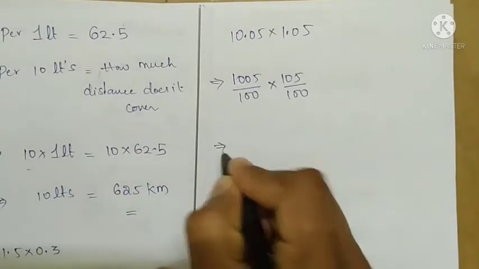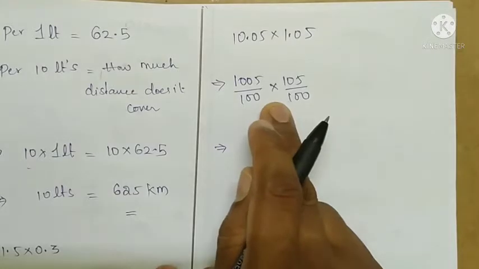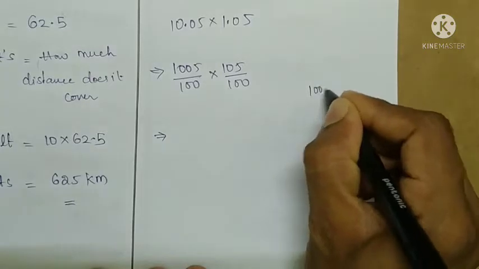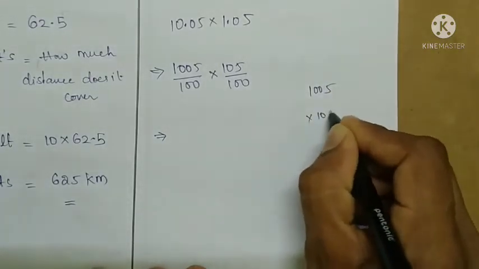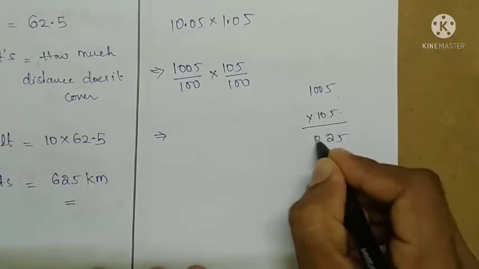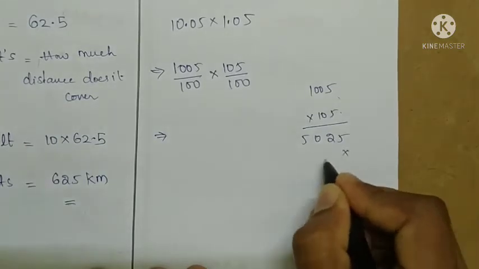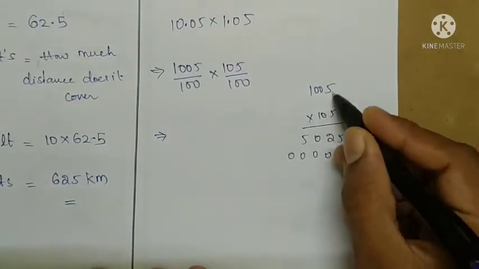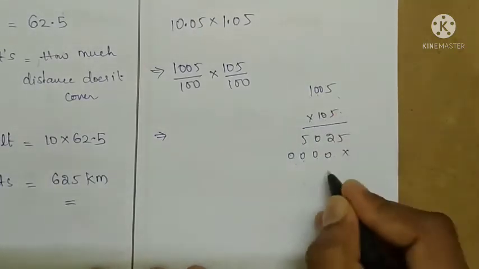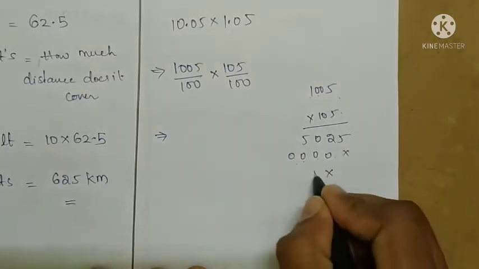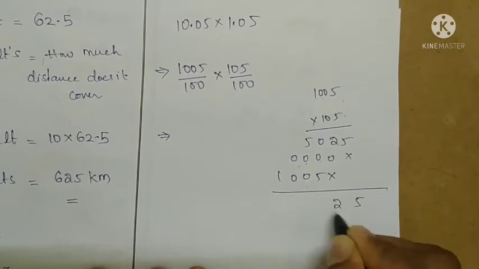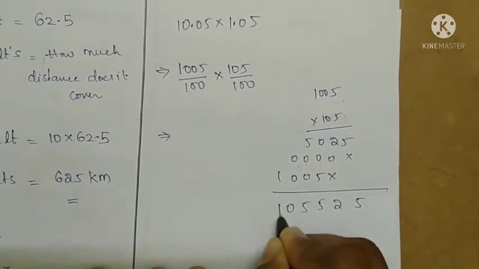So that is equals to, so here 1005 into 105. So 5 5s are 25, 5 zeros are 0, 5 1s are 5 into 0 0, right? 0 into 5, 0 0 zeros are 0, 0 zeros are 0, 0 1s are also 0. So into 1 5s are 5, 0 0, 1 1s are 1. So 5 2 5 5 0 1.